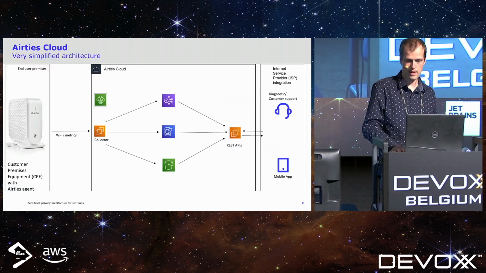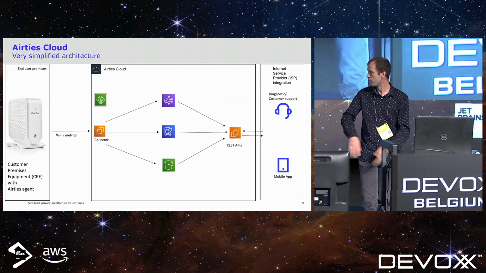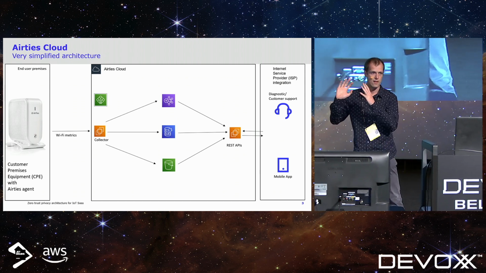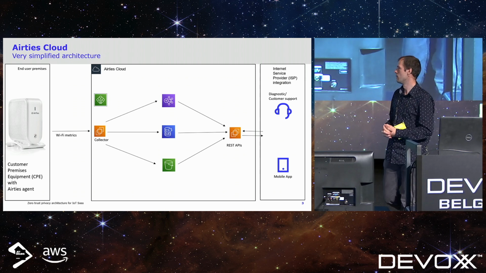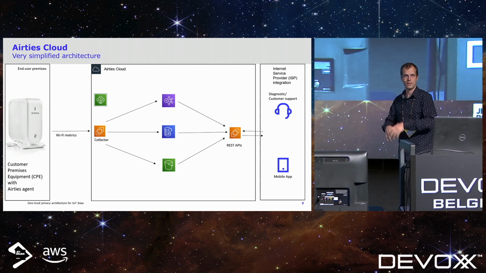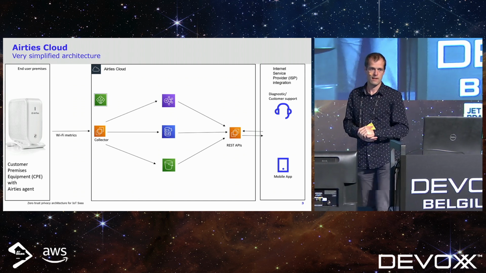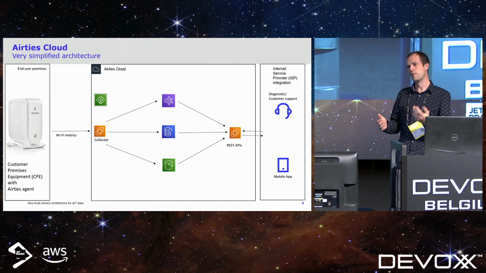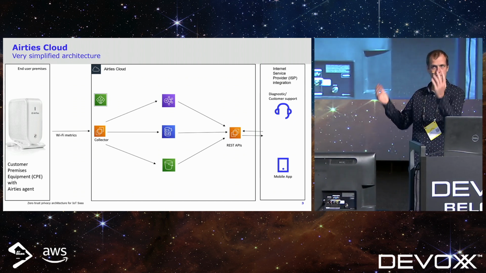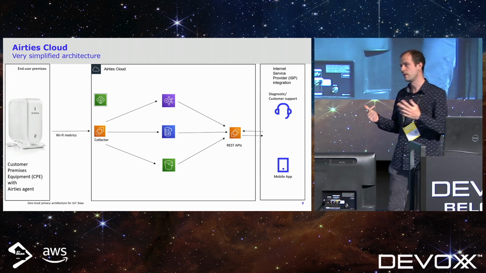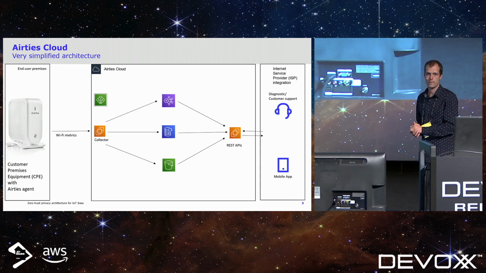So in a high-level overview, what does this mean? On the, for you, right side, we have tens of millions of access points which regularly push in metrics of what they are seeing. We process that data, and for example, if you open up your app, or if you call the help desk, or even if we can improve it without interaction, we will improve the Wi-Fi for you.